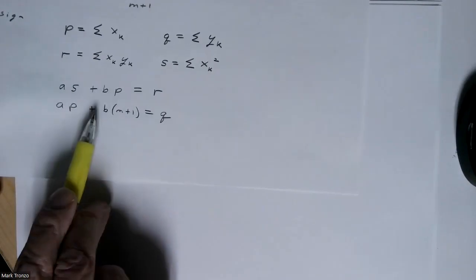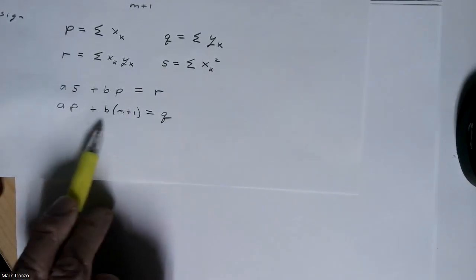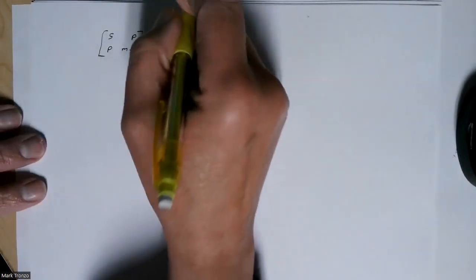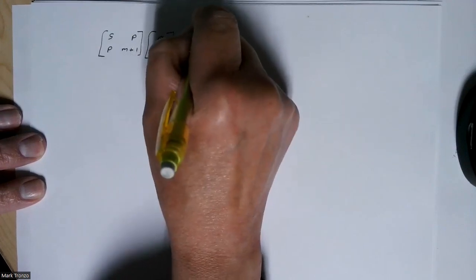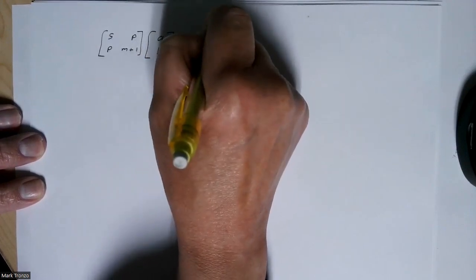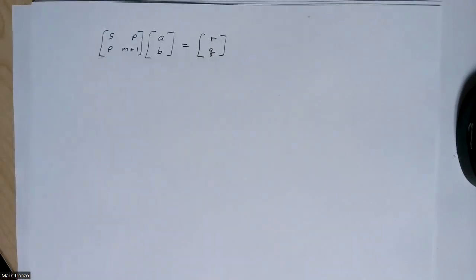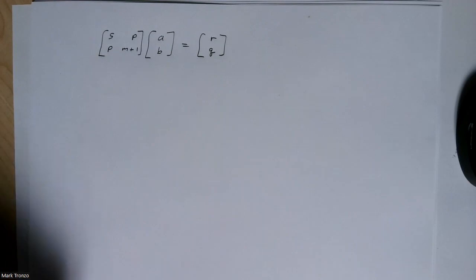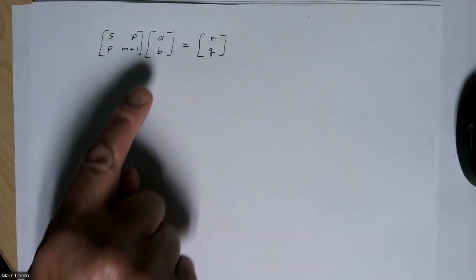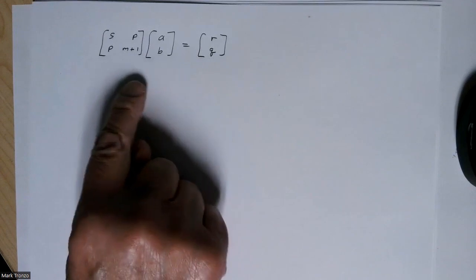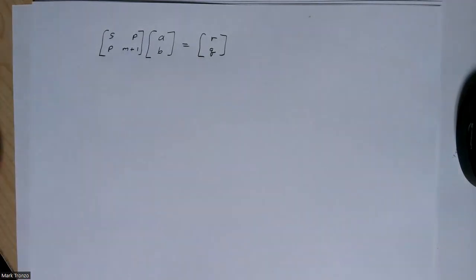So I factored out the A and the B. And then on the right-hand side, we just have our R, Q, like this. Now you can go ahead and solve this. And so by solving this, you'll get the solution. You'll get your best fit straight line.